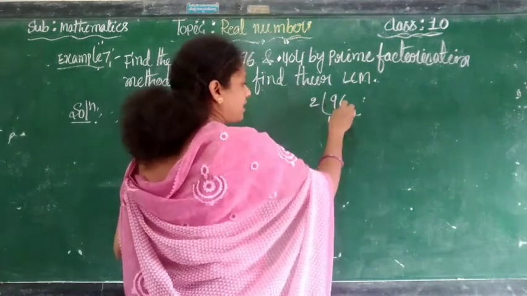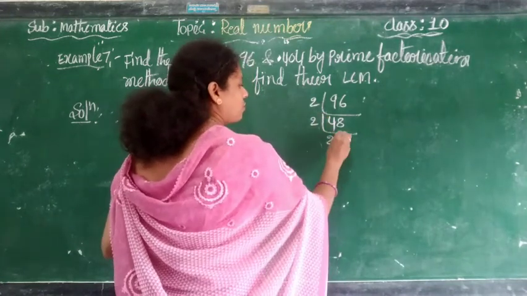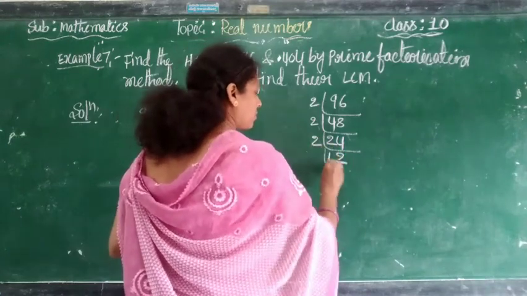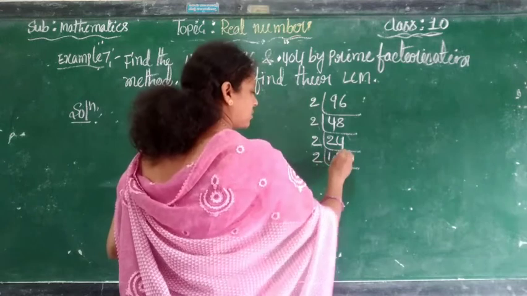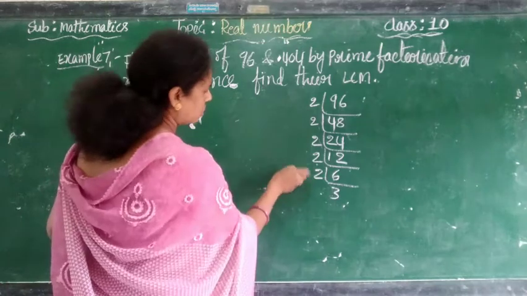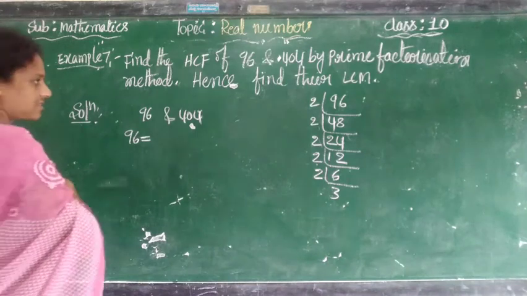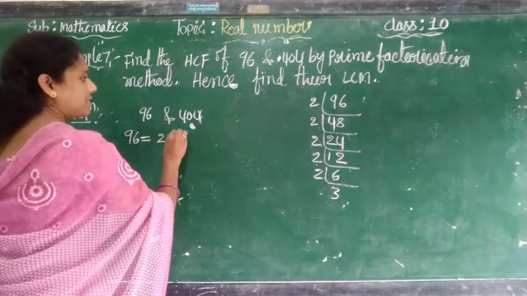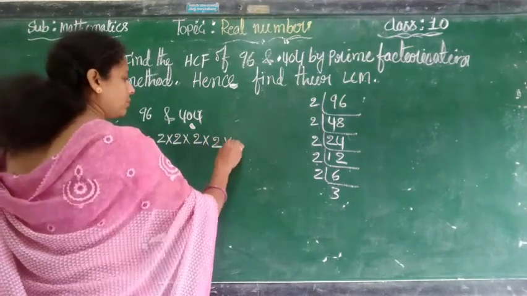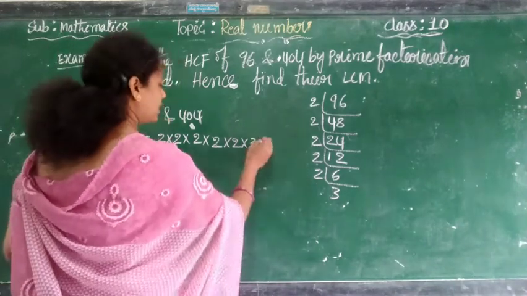So 96, 2 4s are 8, 2 8s are 16, 2 2s are 4, 2 4s are 8, 2 1s are 2, 2 2s are 4, 2 6s are 12, 2 3s are 6. So 96 can be written as 2 into 2 into 2 into 2 into 2 into 3, 1 2 3 4 5 into 3.